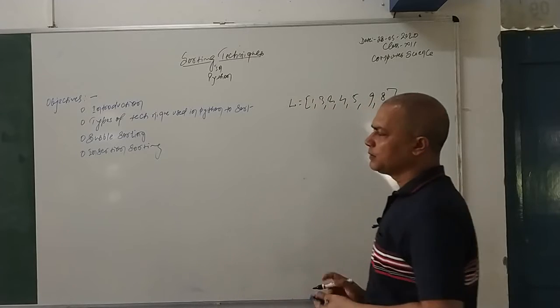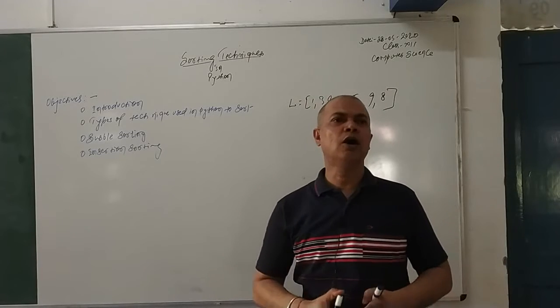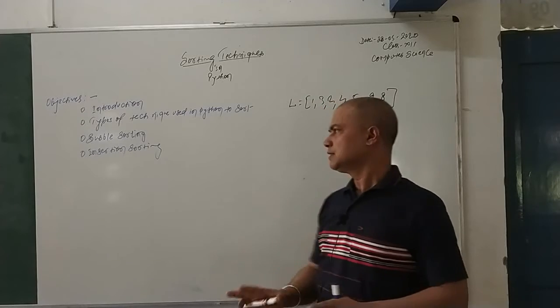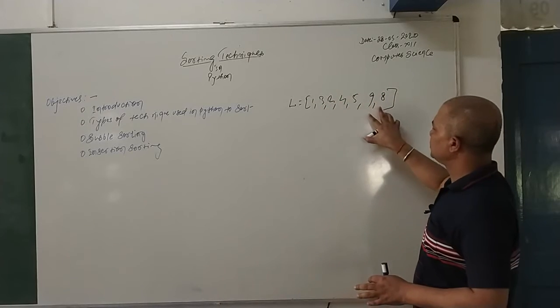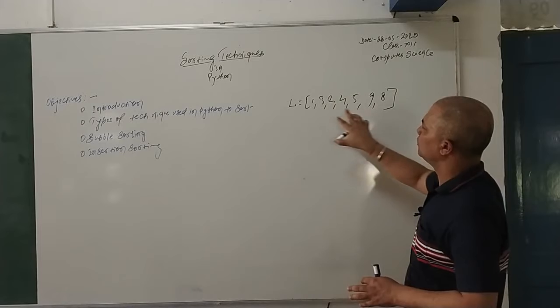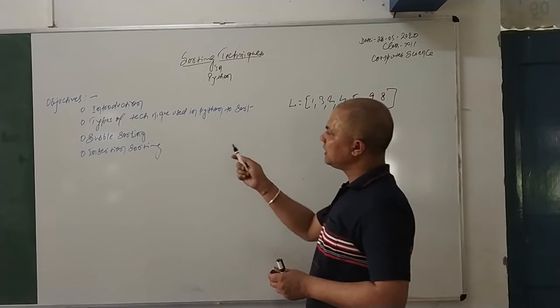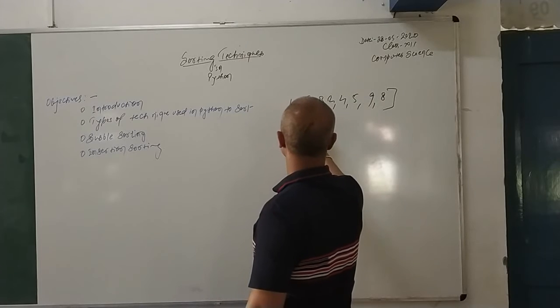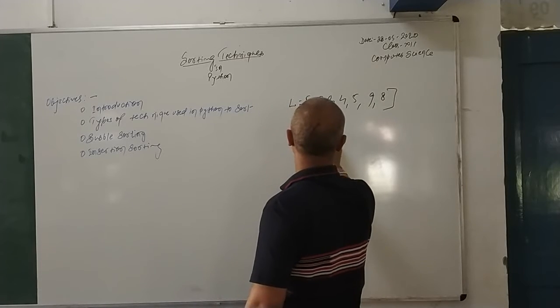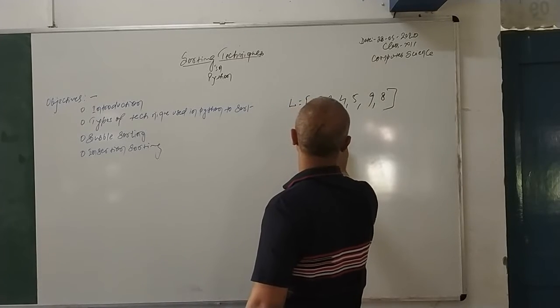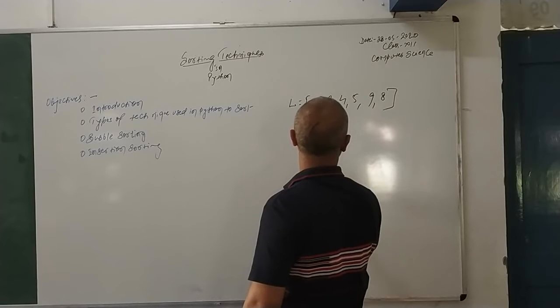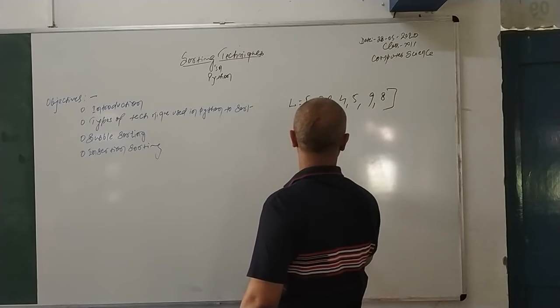This is again an unordered or not sorted list, or simply a haphazard list where we have a set of values, and there are 7 elements in this also. In case of the insertion sort, the technique that insertion sort uses, let's see first 1, then 3, then 2, then 4, then 5, then 9, and then 8.